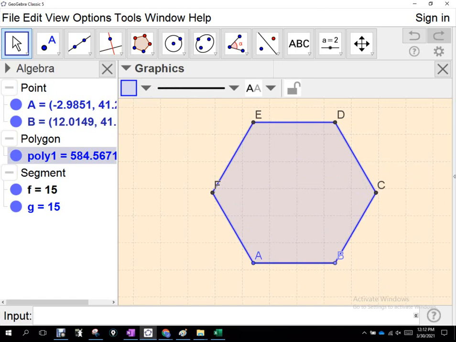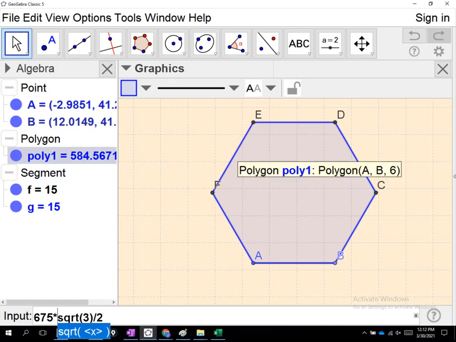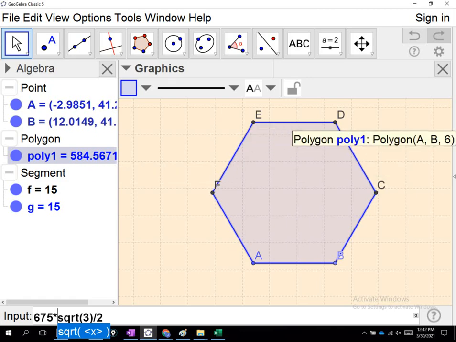We found our answer to be, was it 675 square root of 3 all over 2? I think I need a multiplication sign here. Okay. What we're seeing right here is the area that GeoGebra is able to calculate by basically taking a bunch of little small squares and seeing how many they can fit in there.